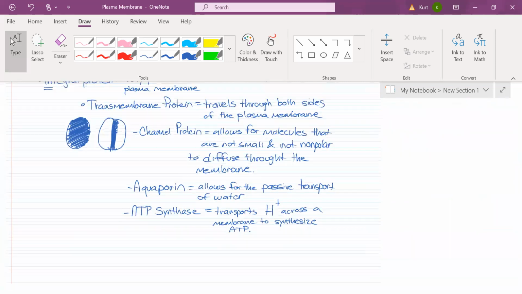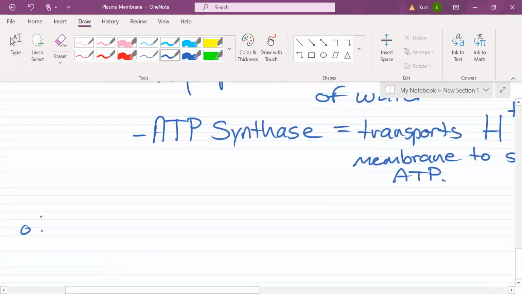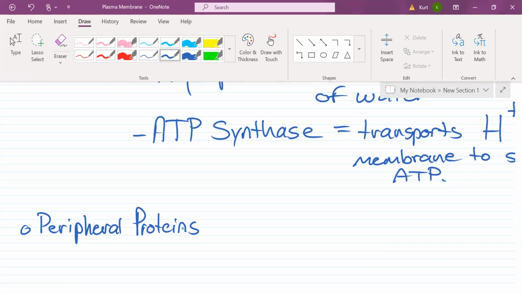All right, so if we talked about transmembrane, now we've got to get to the opposite. Peripheral proteins. You know, a lot of you are driving now, and you might be at a red light, and the light turns green.